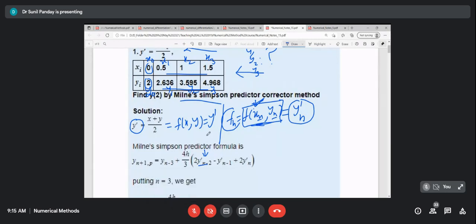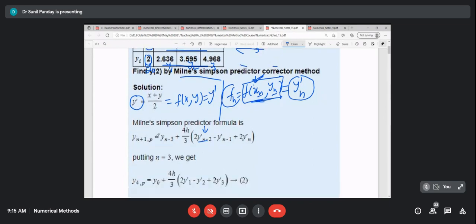So when someone tells you to use the Milne-Simpson predictor-corrector method, you have to first apply your predictor formula. So this is your predictor formula. You want to know the value y n plus 1, and p stands for predictor.